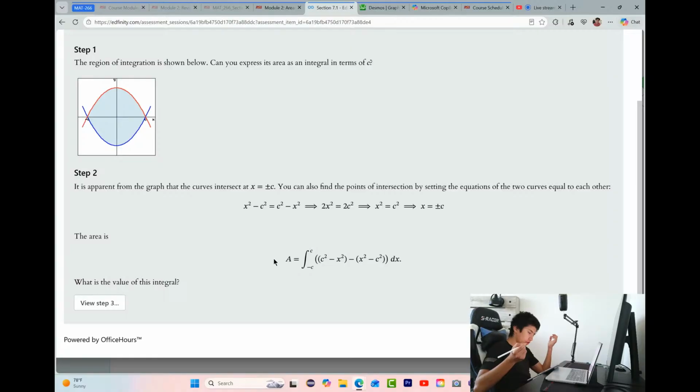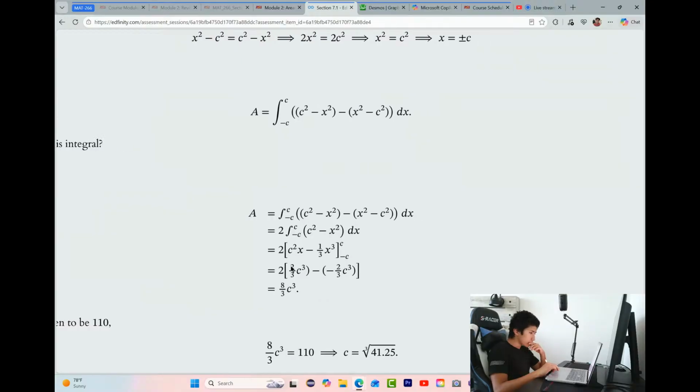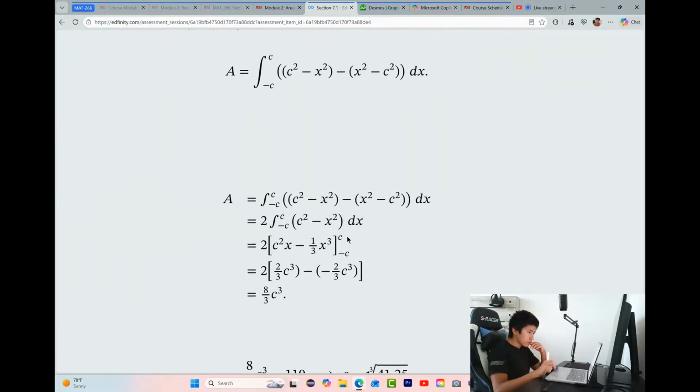Well, c squared is just a constant, so. Okay. First, let's just simplify with this.